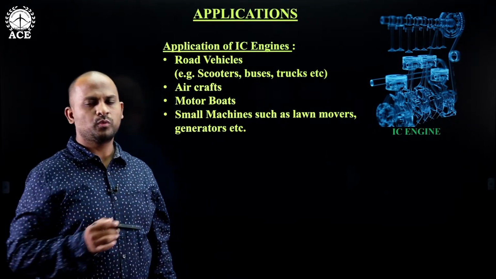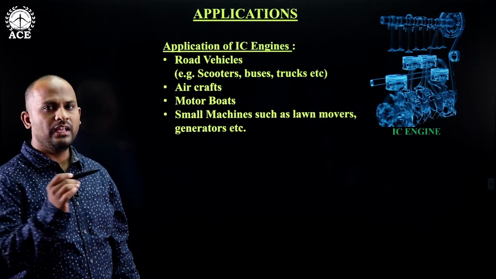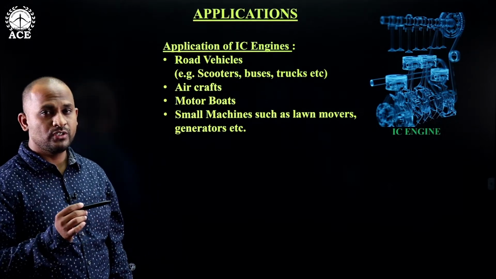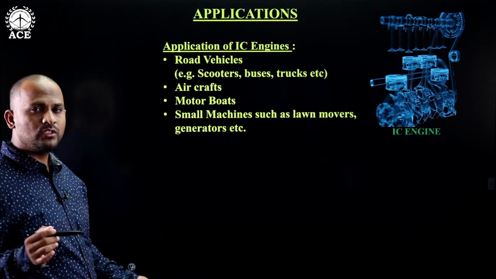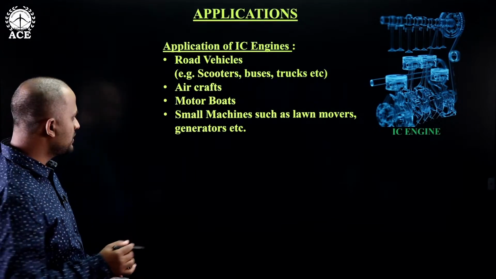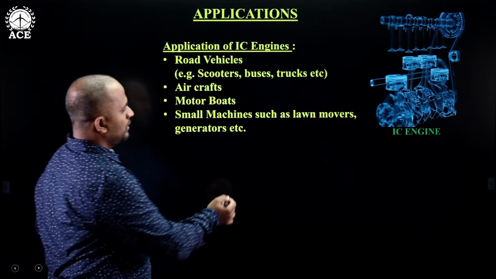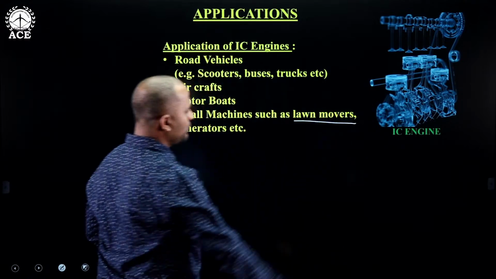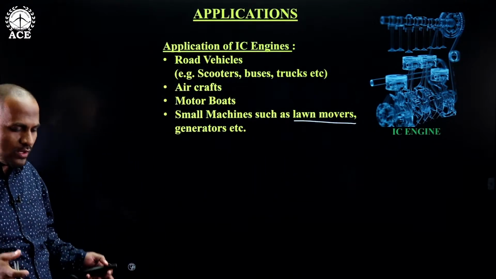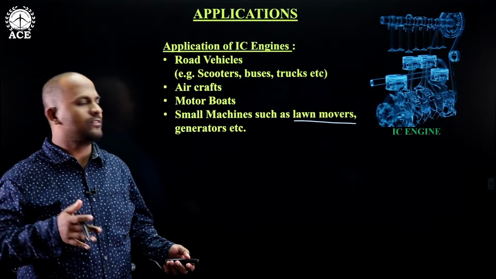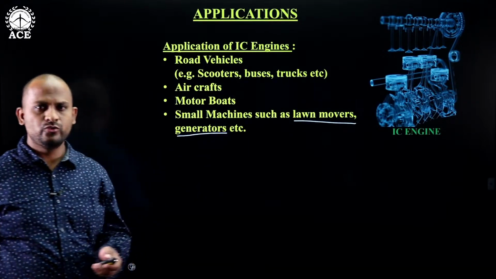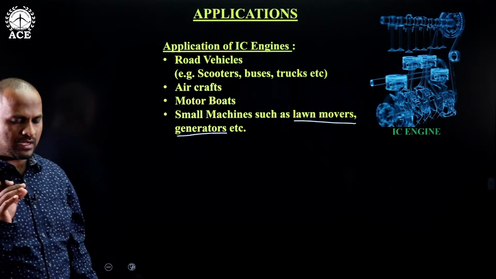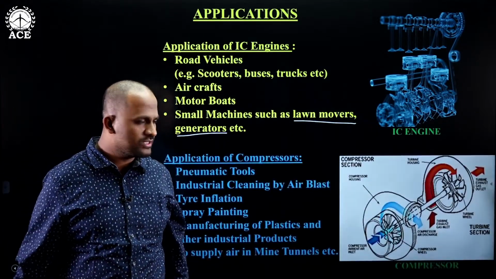Not only in automobiles, we also use them in aircrafts and motorboats, not only in big size engines and big applications. We can also use these IC engines for lawn mowers, which are small size machines used for some work, and also for generators. So these are some applications of the IC engines.